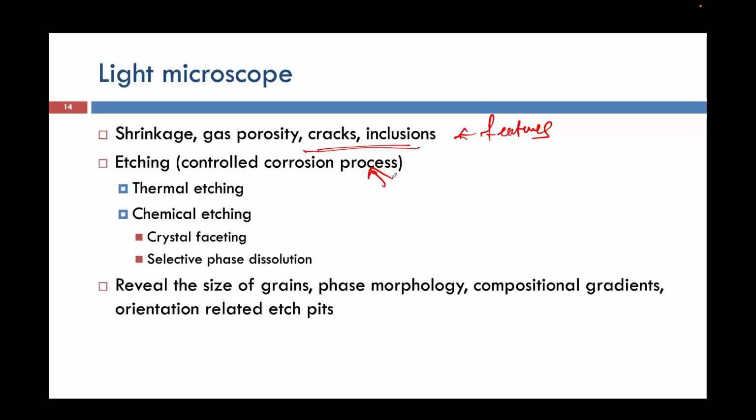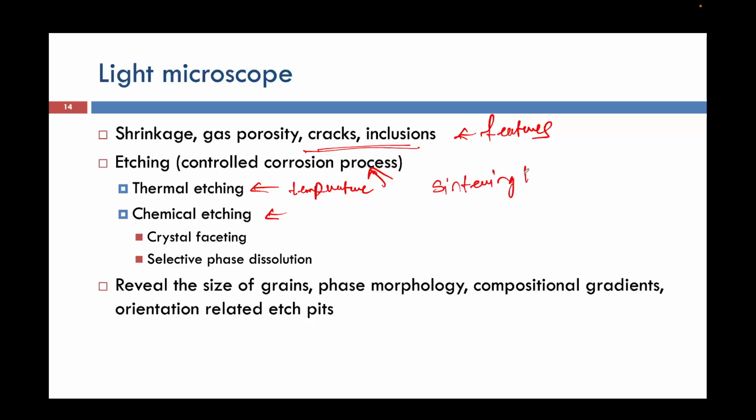So thermal etching means you take a sample. It is generally done for ceramic samples, because ceramic samples are very difficult to etch chemically. So thermal etching means you etch it using heat, that is, temperature, okay. How is it done? For ceramics there is a temperature called the sintering temperature, right?